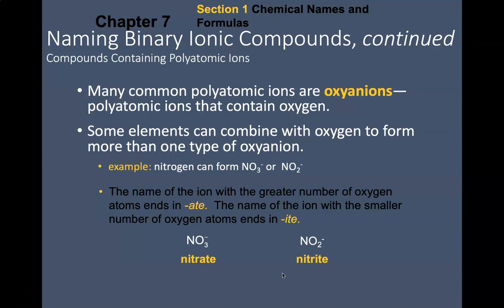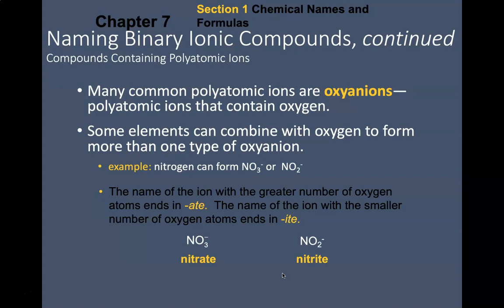So the idea of a polyatomic ion is it is many atoms that are combined and have a combined charge of, say, -1, -2, -3, +1, +2, whatever it might be. So many atoms combined together that have an ionic charge. Oxyanions are going to be a subgroup of polyatomic ions that have oxygen within them.